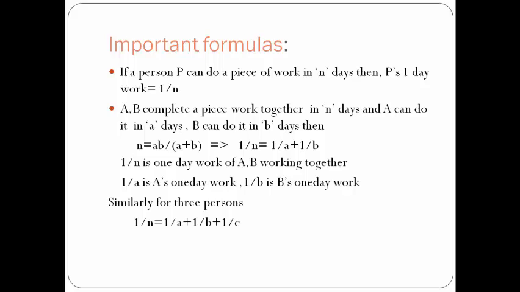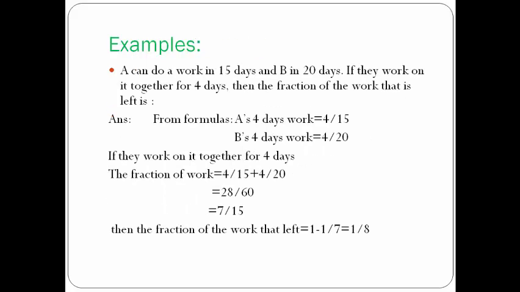Similarly for 3 persons, 1 by n is equal to 1 by A plus 1 by B plus 1 by C. In that way we go for formulas, and we can see some examples here.